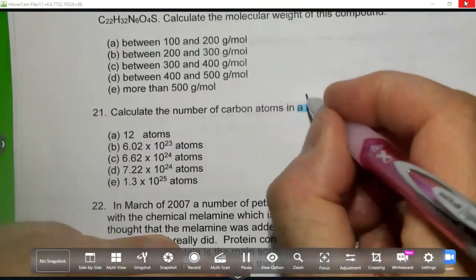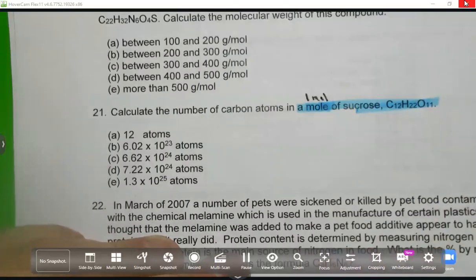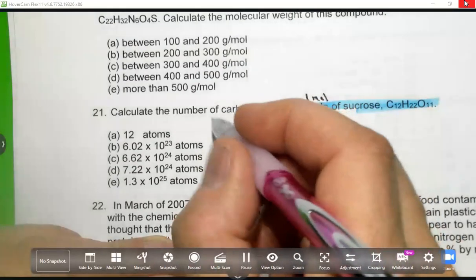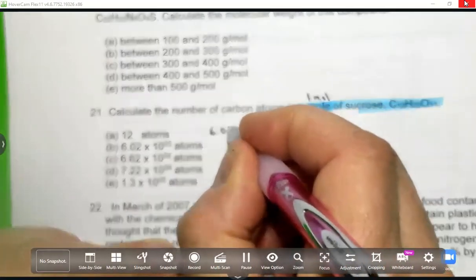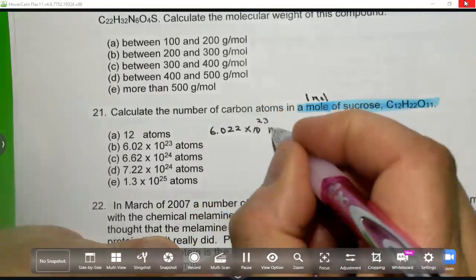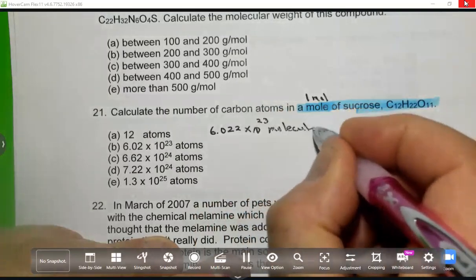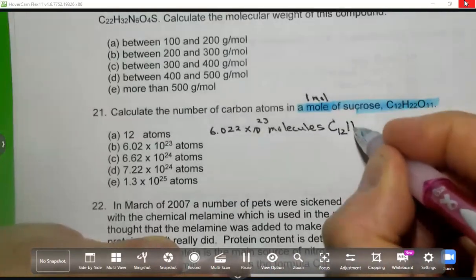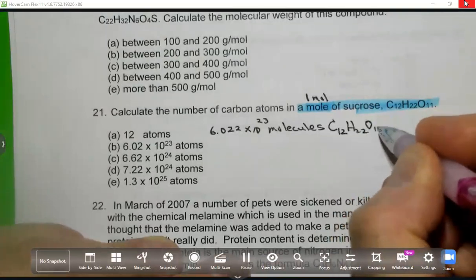So that's really 1 mole. If we have 1 mole, we have 6.022 times 10 to the 23rd molecules of C12H22O11.